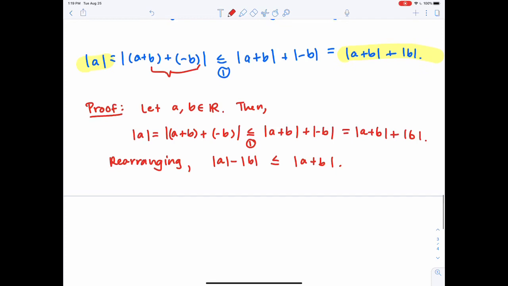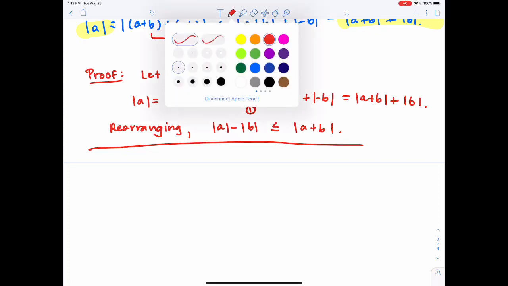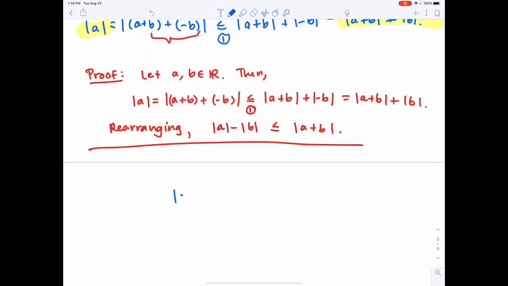It may be helpful, and so this is going to be kind of a break in our proof, to write out the definition of the absolute value expression that's funky. Remember how absolute values work. When you drop the absolute values, you just get what's inside when what's inside is non-negative.